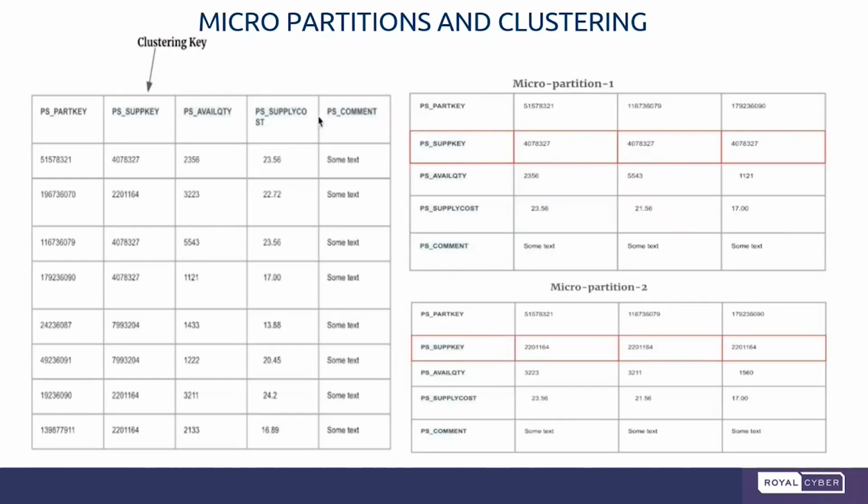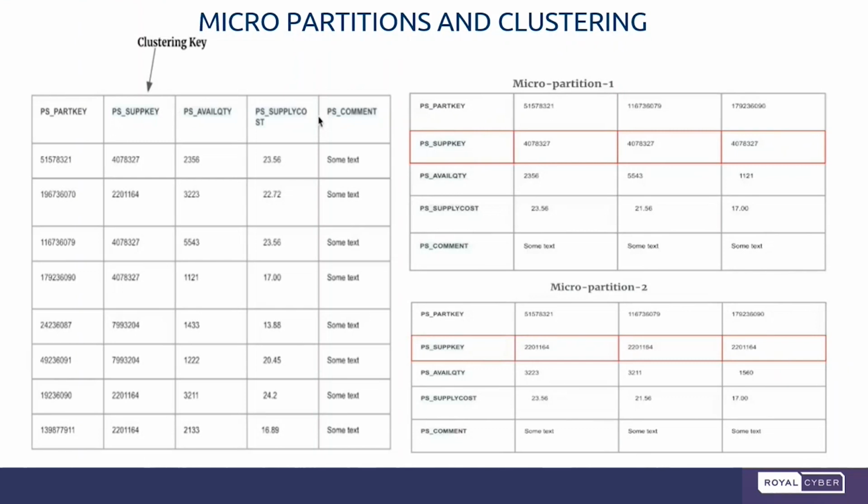Okay, so what makes Snowflake unique is the way it stores data. When data is loaded in Snowflake, two things happen. First, it converts the data into a columnar format, and it breaks the data into micro partitions. And second, it compresses it automatically.